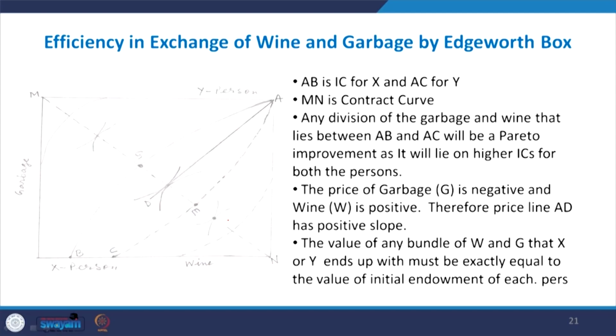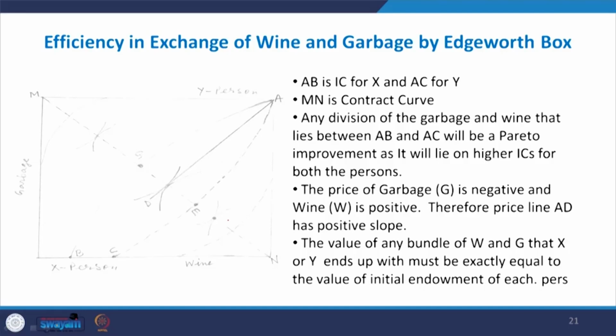So, if consumer X moves from G to E, then it is a Pareto improvement, and if consumer Y moves from E towards G, then again it is a Pareto improvement, but Pareto optimality will occur at the point where the slope of the indifference curve of Y is tangent to the slope of the indifference curve of X, and both are tangent to the price line AD.